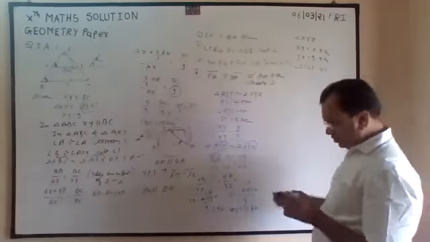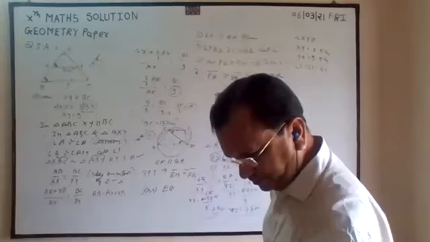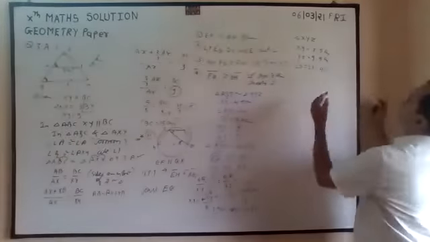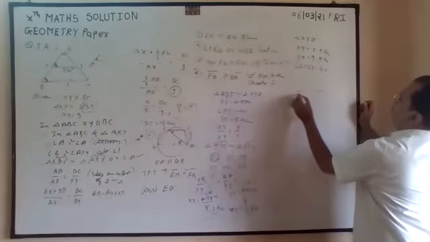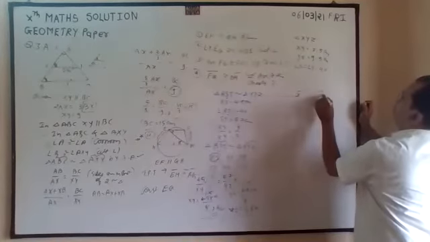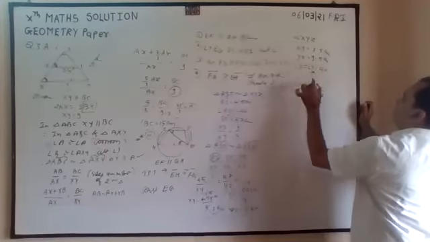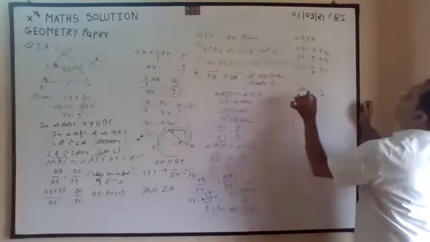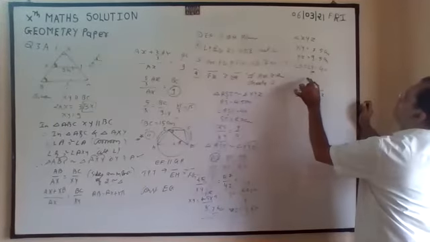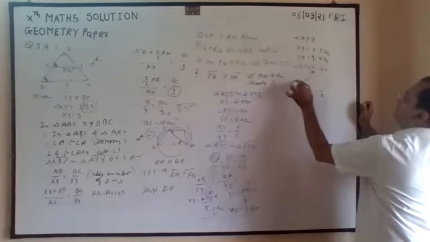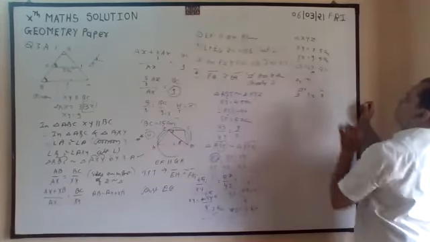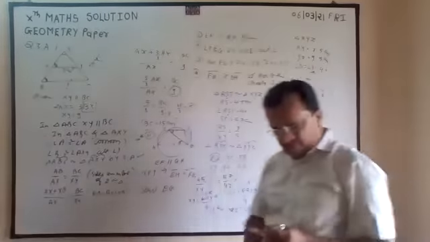Now first draw a rough diagram. YZ is 9.5, angle Y is 40 degrees, then YX is 7.5, then join this. Like this we have to construct.